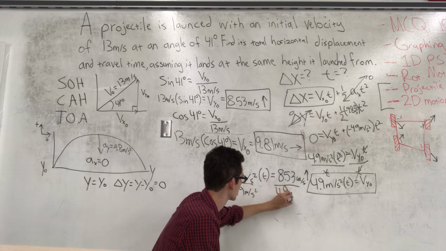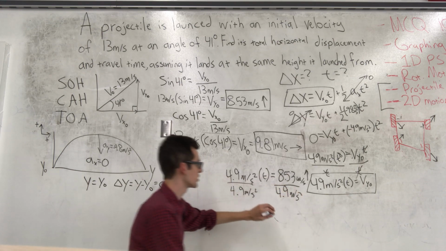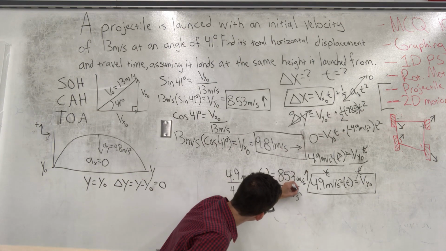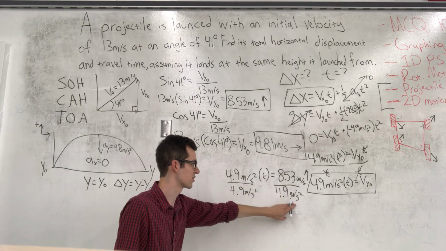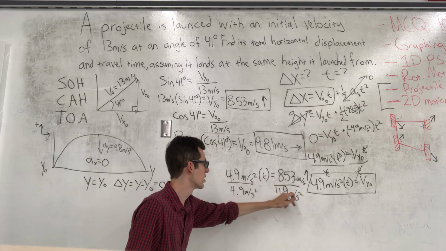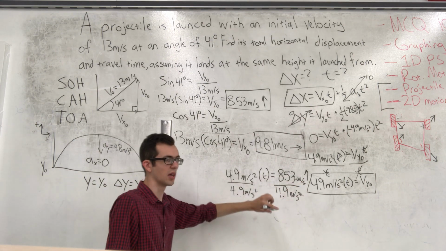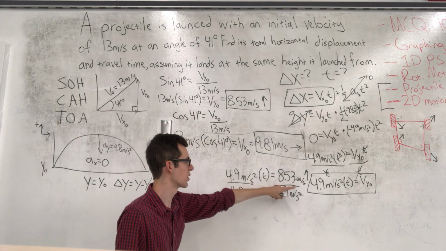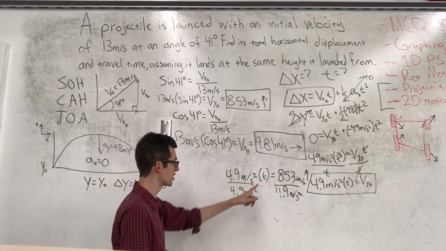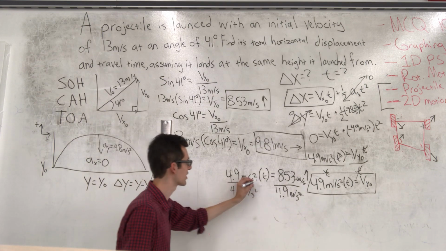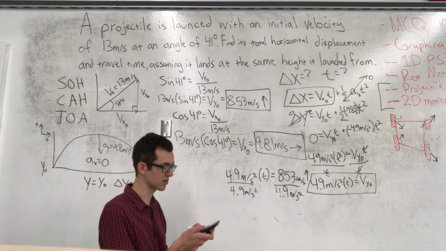4.9 meters per second squared. Also notice our units here. We have meters per second divided by meters per second squared. The meters will cancel, one of the seconds will cancel, and we'll have 1 over seconds. So we'll get units of seconds, which is good because we are solving for time, and time is in fact measured in seconds.